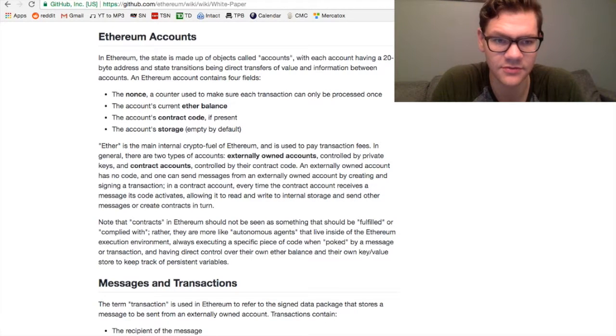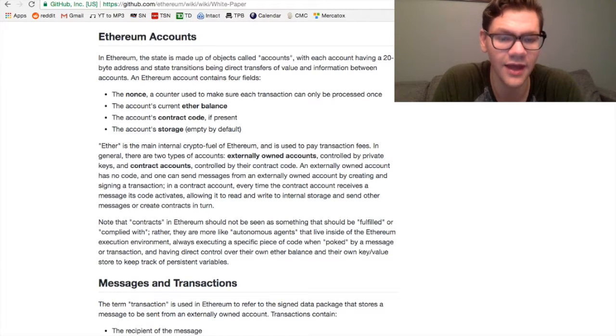Ethereum Accounts. In Ethereum, the state is made up of objects called accounts, with each account having a 20-byte address and state transitions being direct transfers of value and information between accounts.